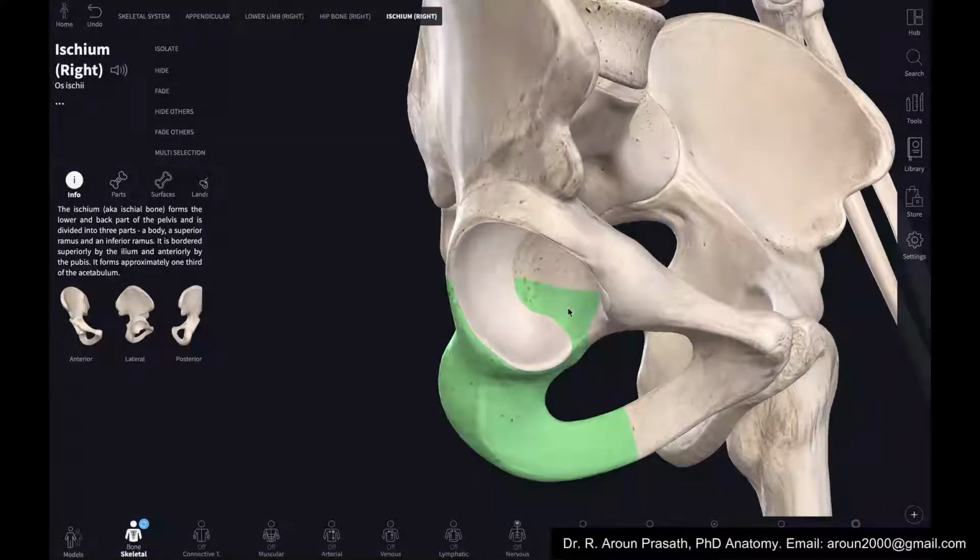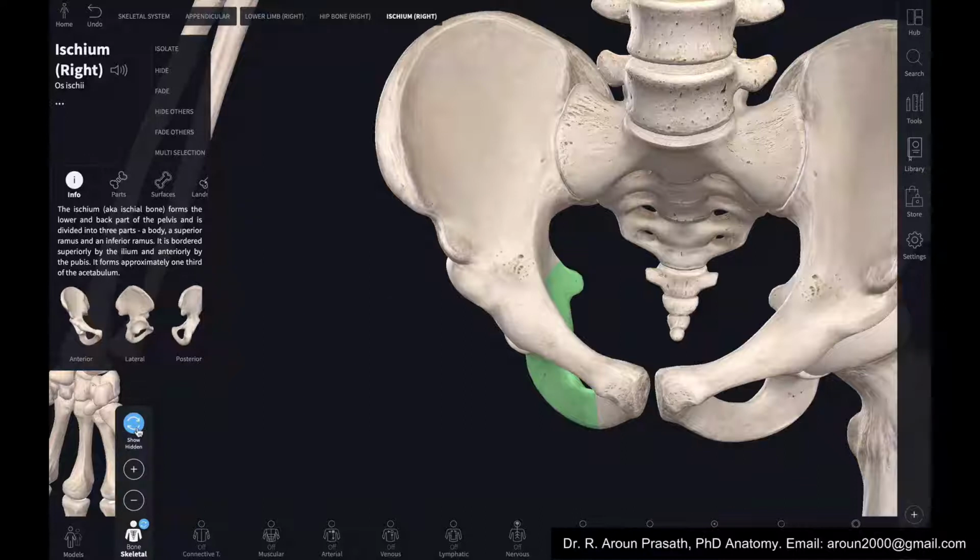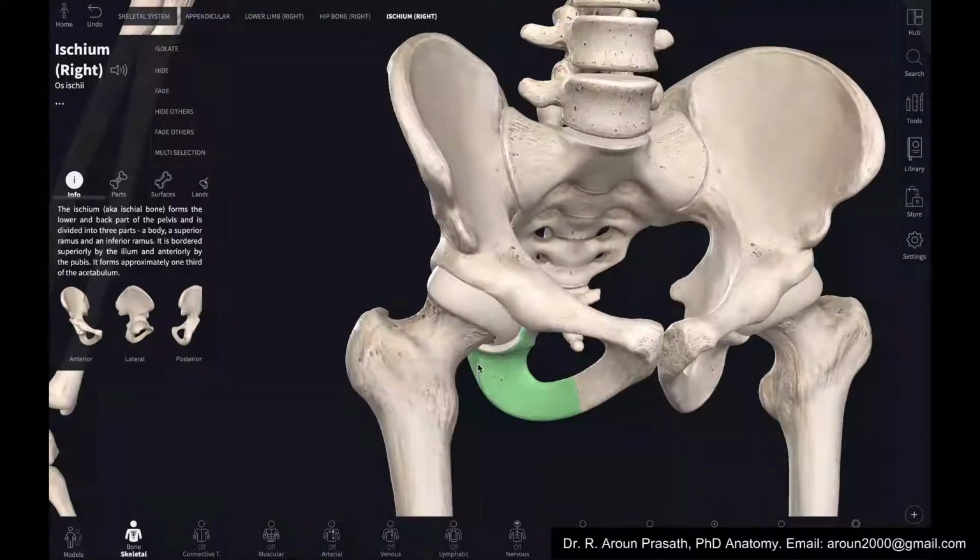Coming to the range of motions of the hip joint, the hip is an example of a ball and socket joint, and in ball and socket joints movements take place in various degrees. Let's see those movements one by one.